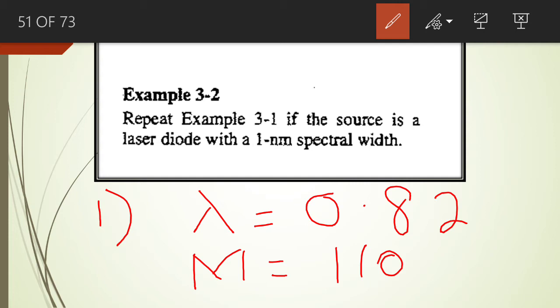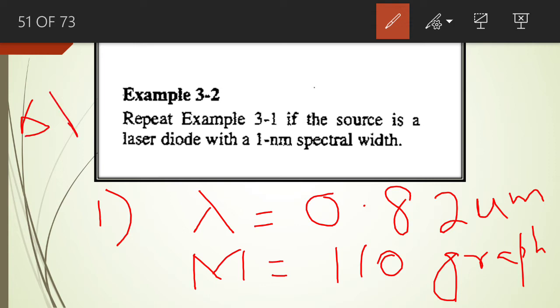So this is the value of the material dispersion, and we obtained this value from the graph which is available in the book. You can find this value from the graph given in the book. Delta lambda in this particular case is 1 nanometer.